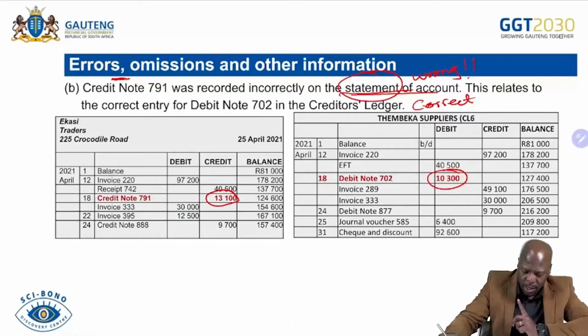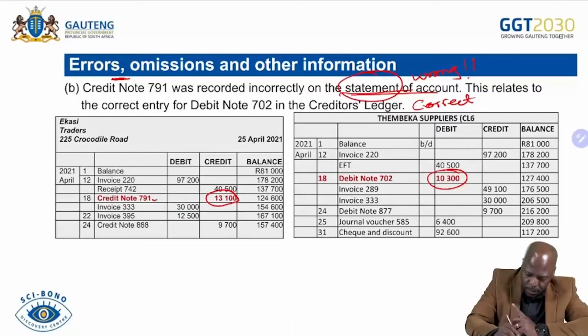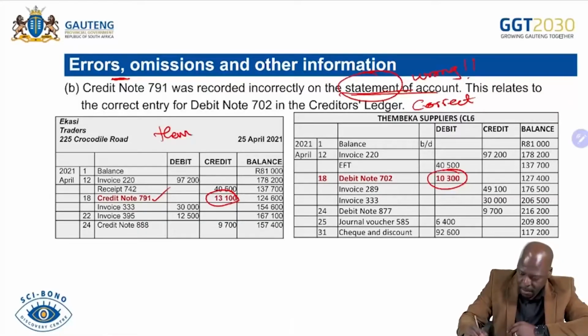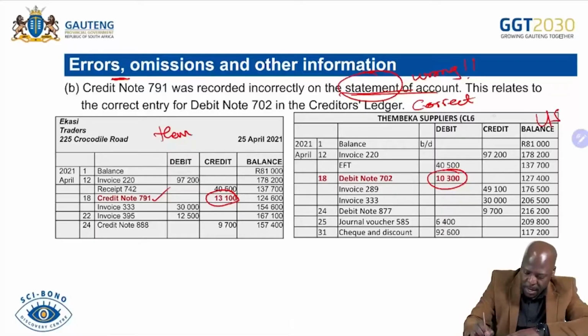The credit note 791 was recorded incorrectly on the statement. On the statement, this is them. Remember, us. So if it is incorrect on the statement, this relates to the correct. So this is the correct one.